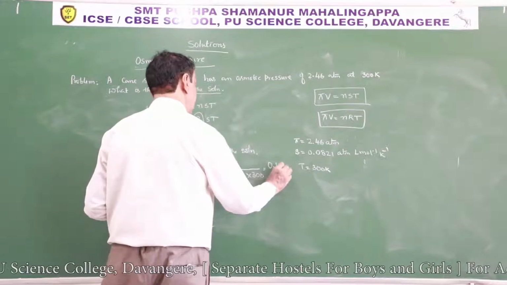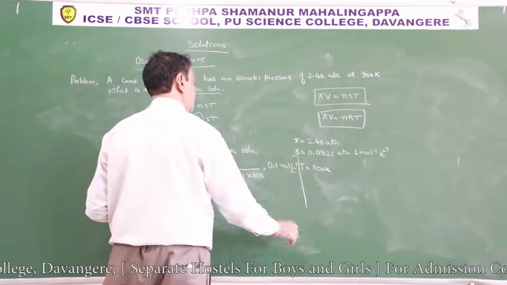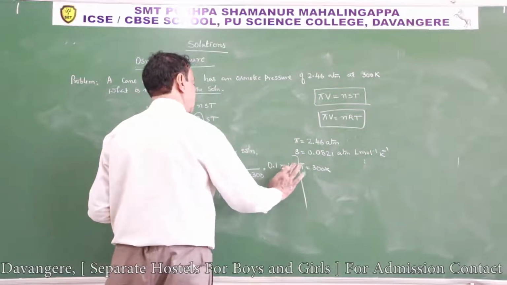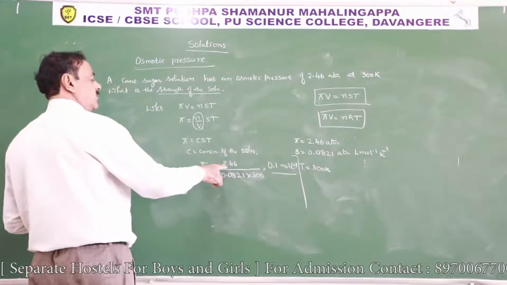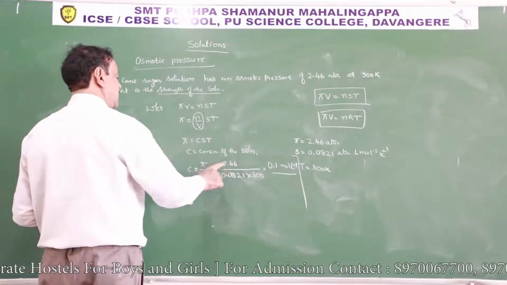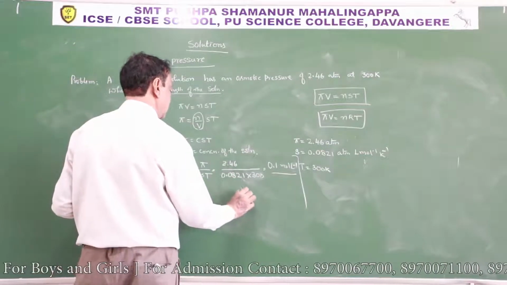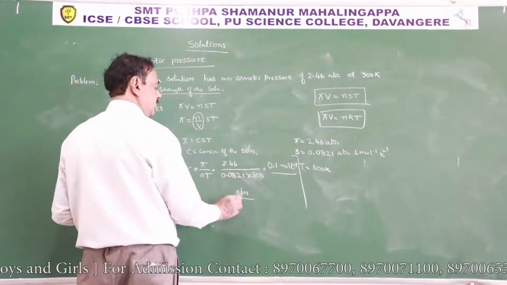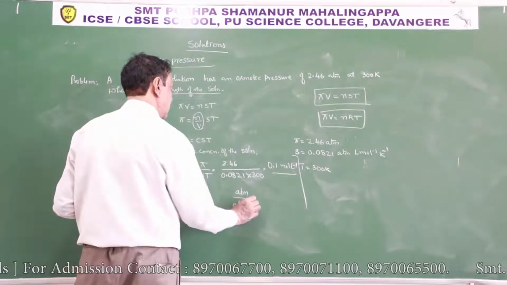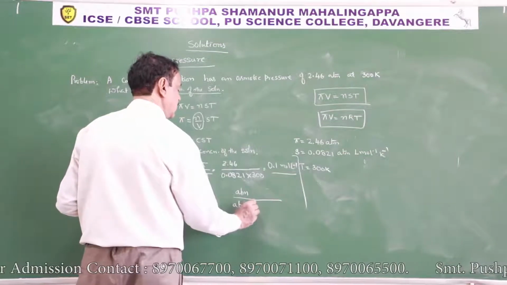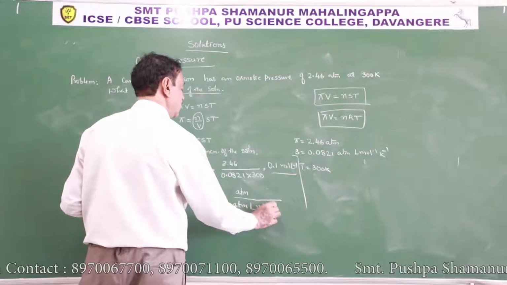That is in terms of moles per liter, which is equal to the molarity of the solution. Try to understand how the units get cancelled. The numerator unit is atmosphere. The denominator has atmosphere liter per mole per Kelvin.